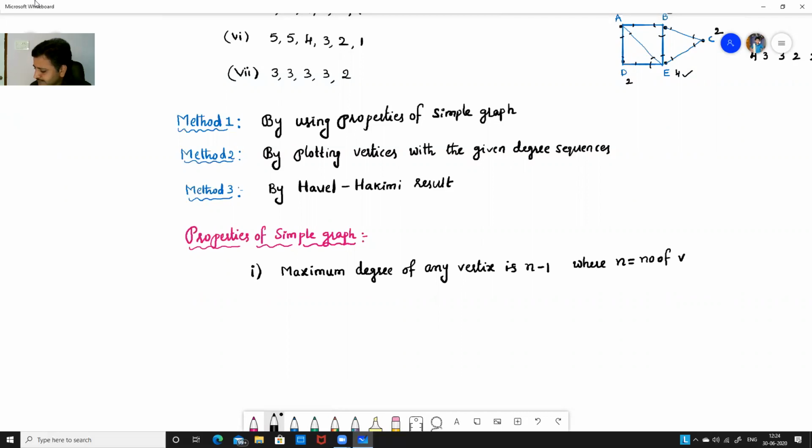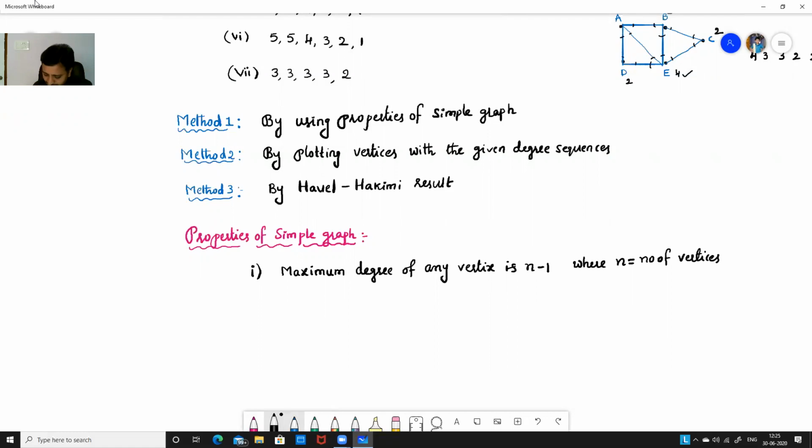So why is the maximum degree of any vertex n minus 1? The reason is, if any vertex has degree more than n minus 1, then definitely there will occur some parallel edges or self loops. Then it is not a simple graph, right?